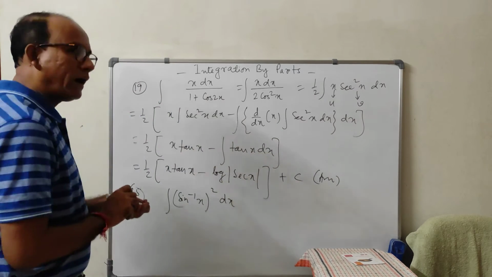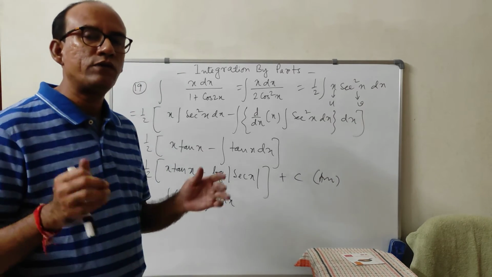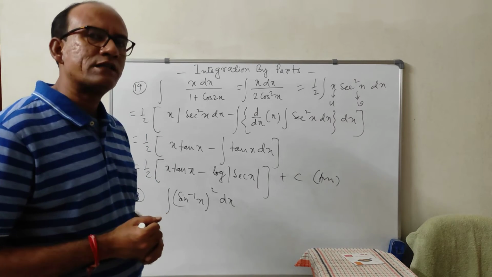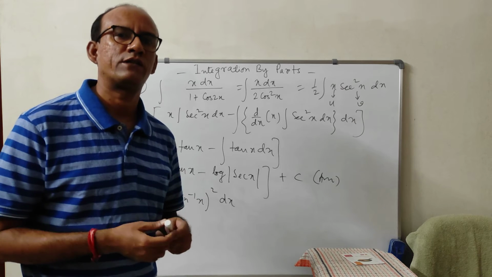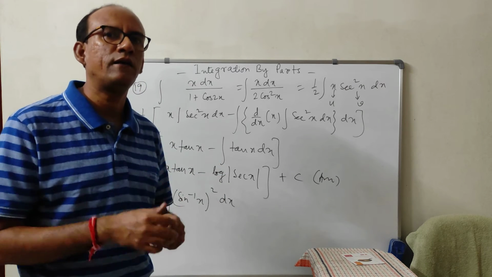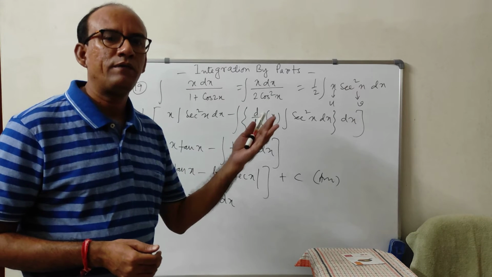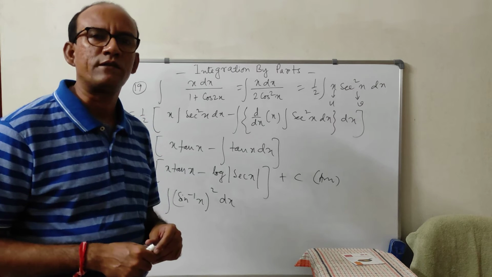See, I told you in my lecture 7, in which I introduced integration by parts, that some functions like sin inverse x, any inverse circular functions or logarithmic functions, are there which we could not integrate in our previous chapters, like integration by method of substitution.